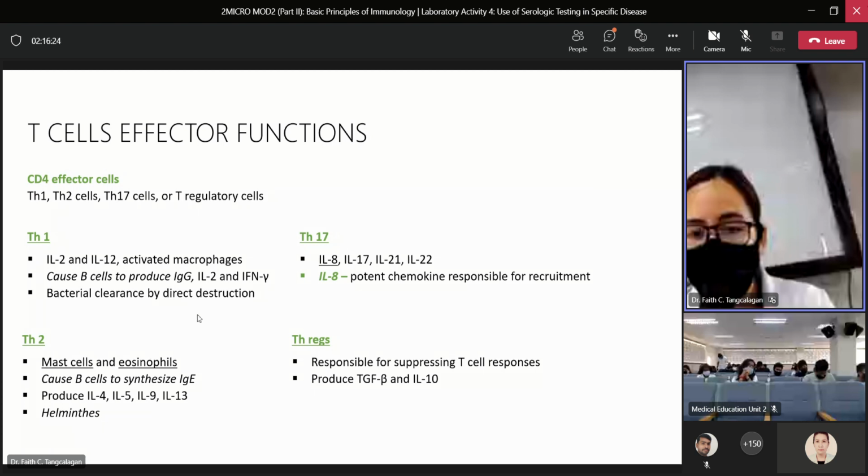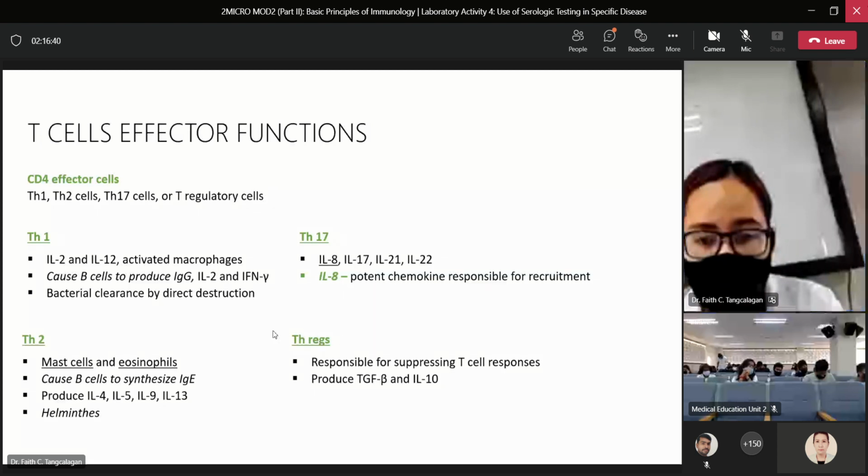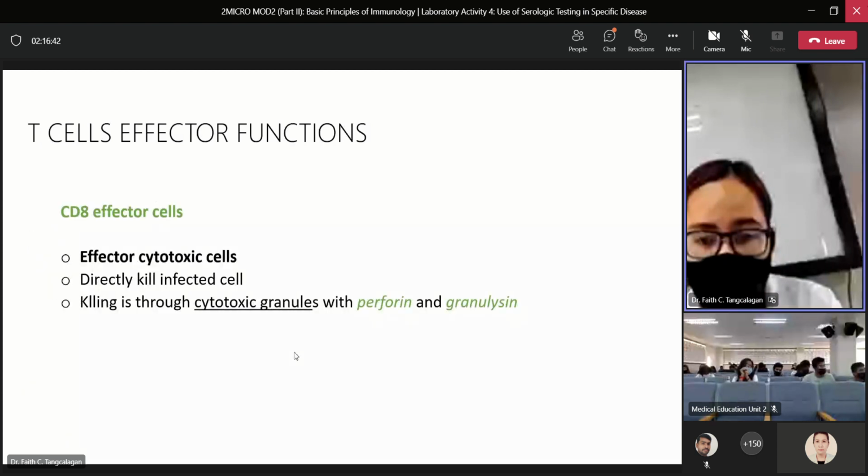These Th regulatory cells are made because of the exposure to TGF-beta and interleukin 10. Okay, so another T cell effector.